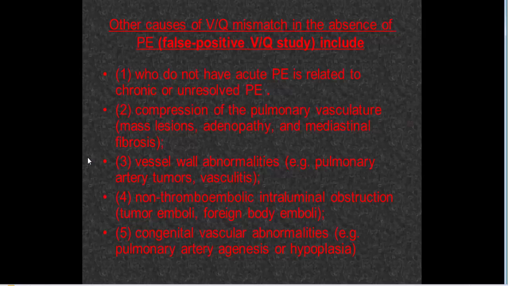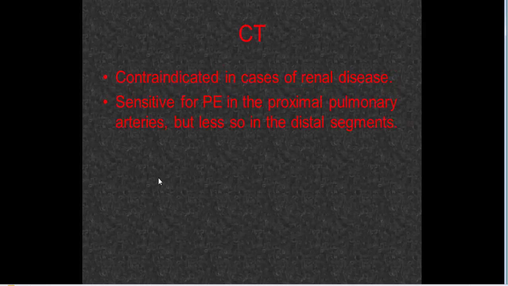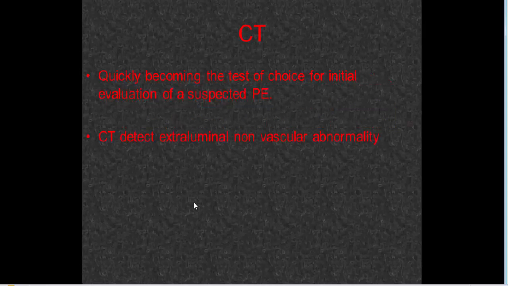Spiral multi-detector CT is the aim of our study. CT is contraindicated in cases of renal failure. It is sensitive for pulmonary embolism in the proximal pulmonary arteries but less so in the distal segments. CT is quickly becoming the test of choice, the gold standard for initial evaluation of suspected pulmonary embolism.